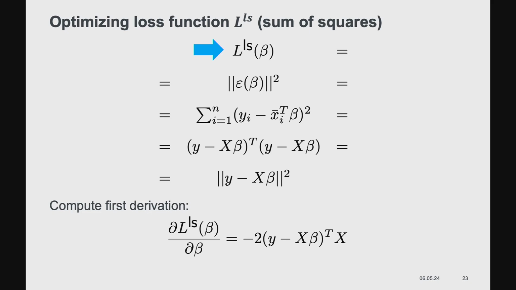The loss function, as we said, is nothing else than the sum of squared epsilons, and these epsilons depend on beta. And how do they depend on beta? Well, I go through all data points, i equals 1 to n, and I always look at my true response and subtract the predicted response. And this predicted response depends only on beta, because remember, xi and yi are observed data points.